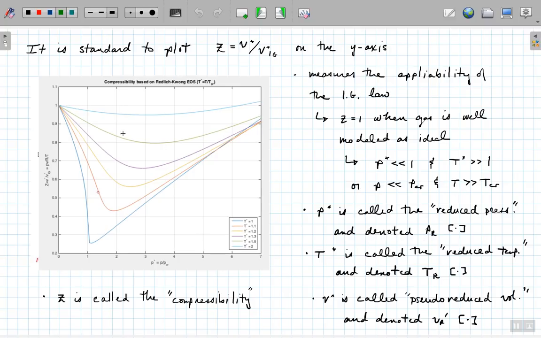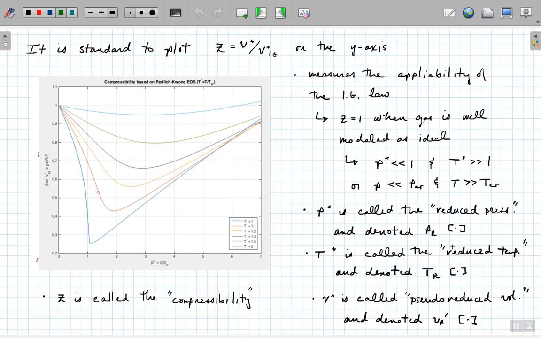When people talk about this in terms of engineering, they call P star the reduced pressure. Sometimes they denote it as PR, which is, I think, bad simply because it doesn't look like it has units of pressure, of course. It's dimensionless. T star is called the reduced temperature. It's denoted with TR. Once again, it's dimensionless.